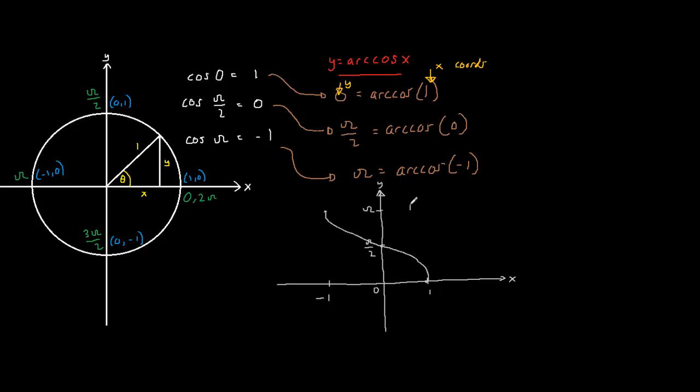This is what your y equals arccos x graph should look like. On this graph, y should be less than or equal to pi and greater than or equal to 0.